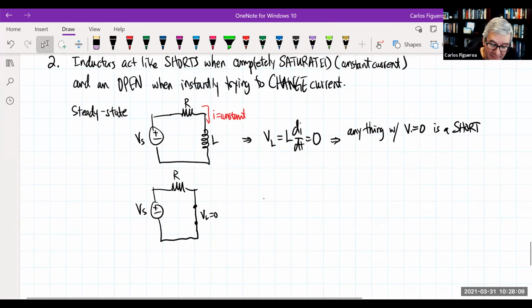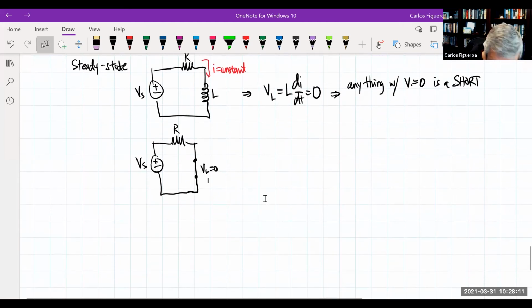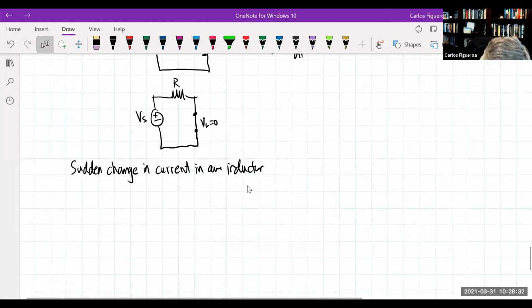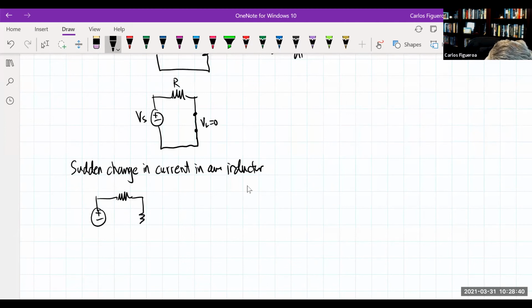What you're going to find here is that if now you have a sudden change in current in an inductor, let's say that you have this situation here, where maybe you have a circuit that looks something like this. Maybe you have a resistor, and then let's say that you have another resistor here, and then suddenly you have a switch.